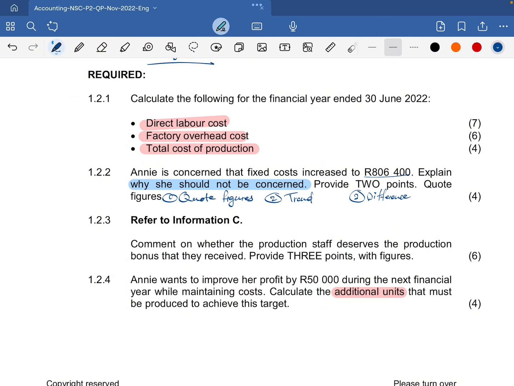In such a case, some might be tempted to calculate the break-even point, but here we need to only calculate the additional units. The break-even point has already been calculated, but we need the additional units over the break-even point that will help us achieve the profit of 50,000.